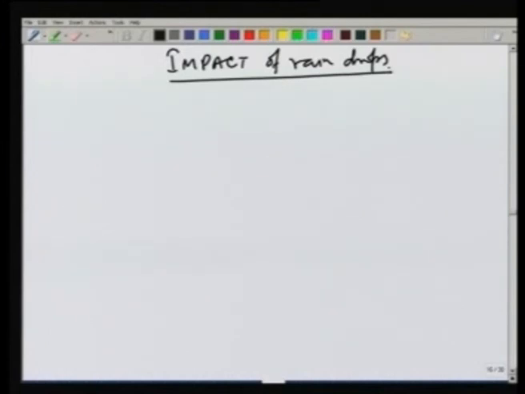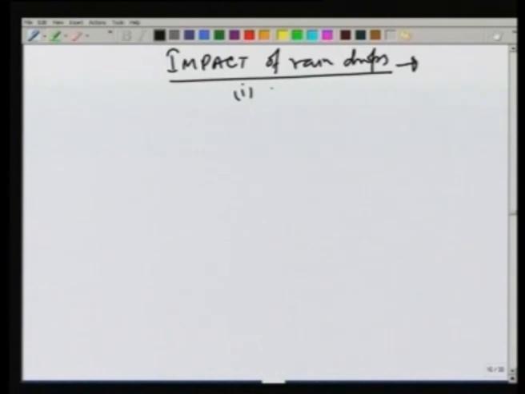or one important parameter is impact of raindrops. So, in addition to the water property and the soil property, impact of raindrops will also cause infiltration to vary. There are really two effects which we can look at.